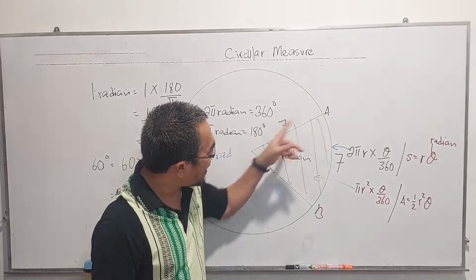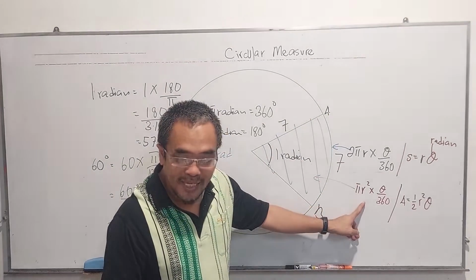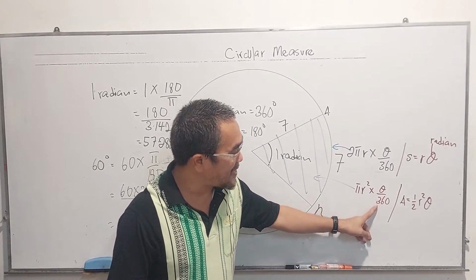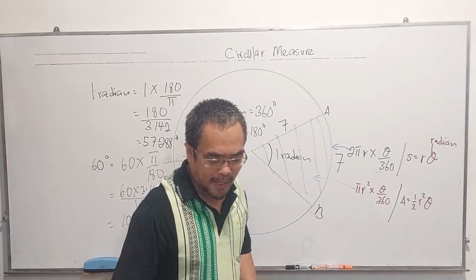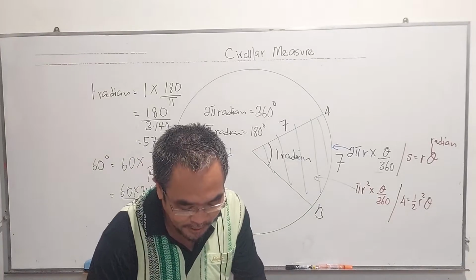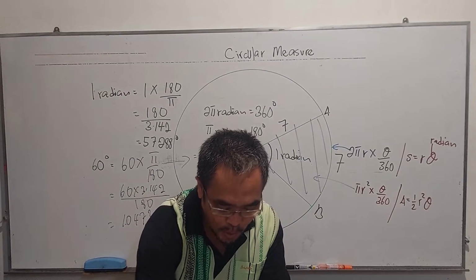So how do you calculate the area of the sector? You want to use this formula, but you need to know the radius and the value of theta. Okay, so now, using whatever info we have learned so far, let me show you.